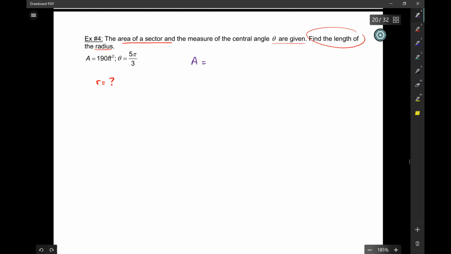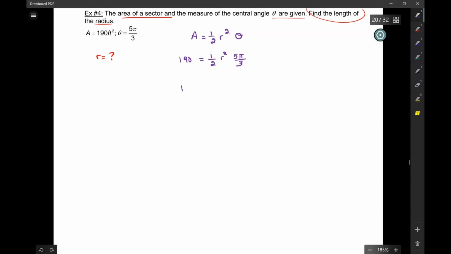So I start with the formula for area, half r squared theta, and I'm going to substitute everything that I have. I'm given area, which is 190, equal to 1/2 r squared times theta is 5 pi over 3. Okay? Now, this is 190 equal to, if I combine these two, multiply the numerators, I get 5 pi.